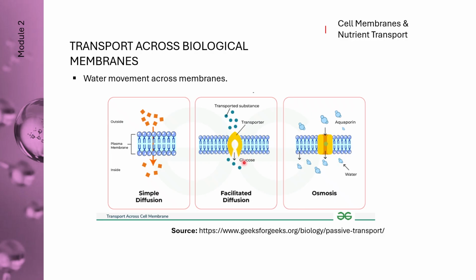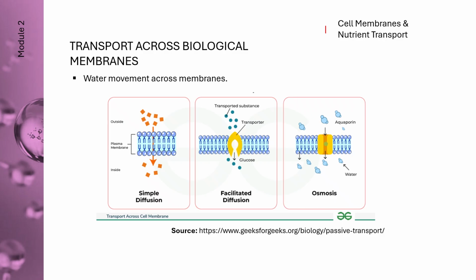In the case of glucose, the transport protein that allows glucose to move in and out of the cell is also a specialized transporter. We'll come to it. It's called the GLUT transporter.